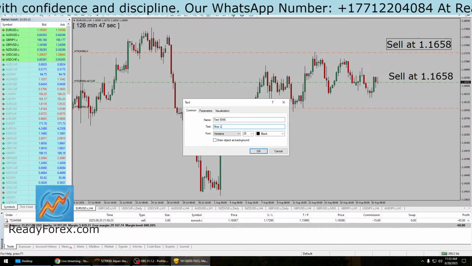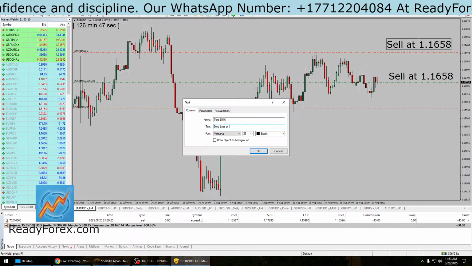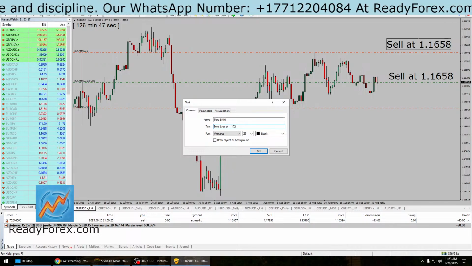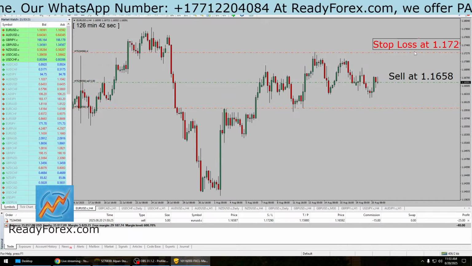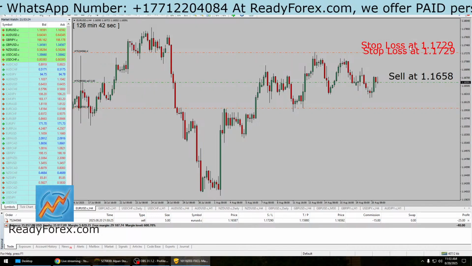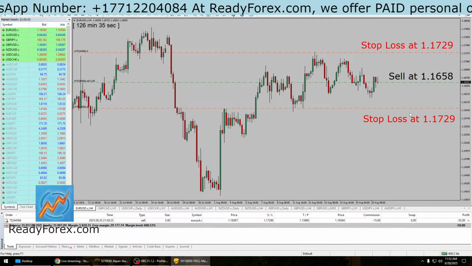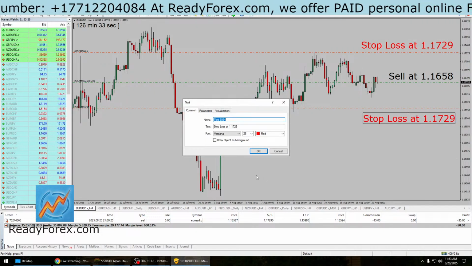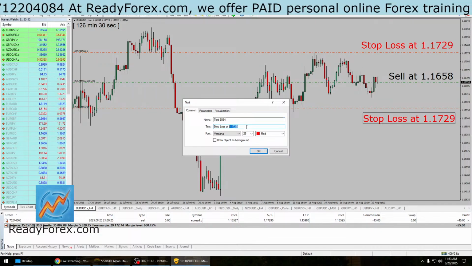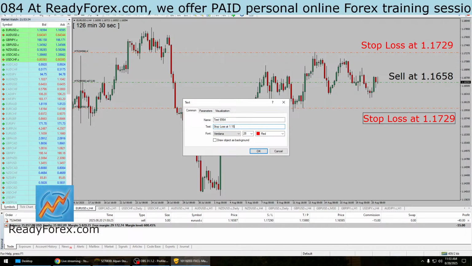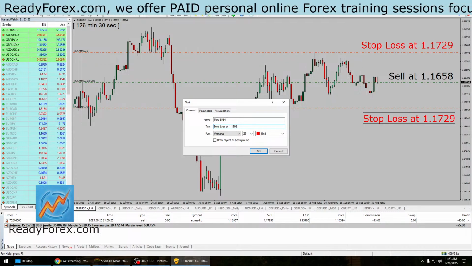So stop loss at 1.1729, and the target I'm looking at is, or the exit, 1.1598.